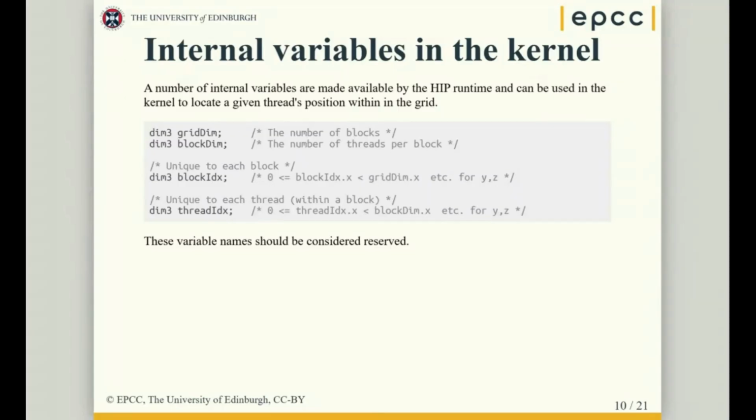These variables, block index and thread index, will be helpful to identify what element of the array I want to edit. These variables should be considered reserved. This is the name that we should use, and we cannot use that name for something else.